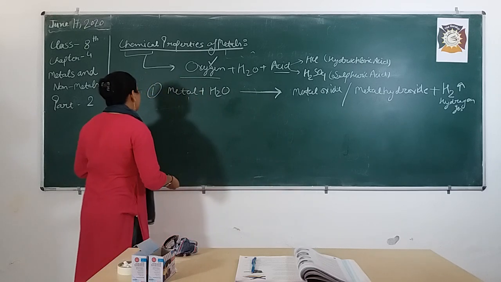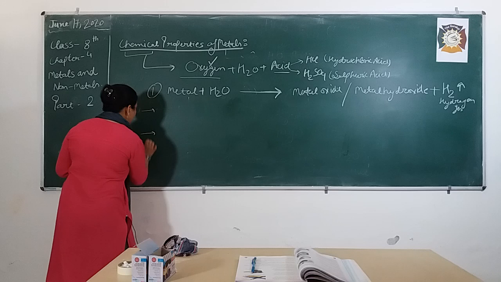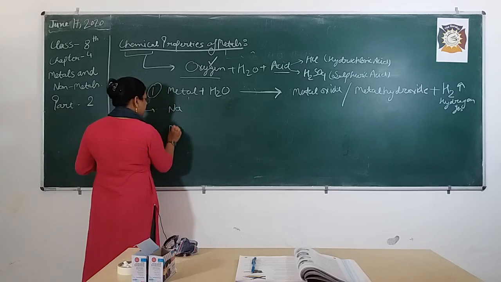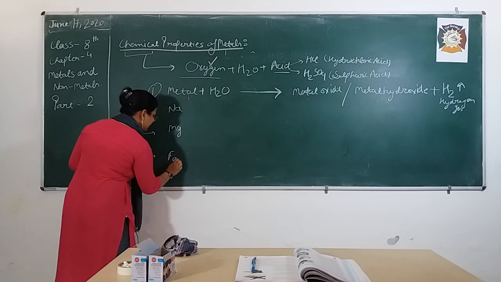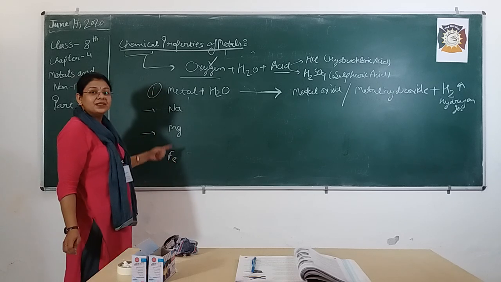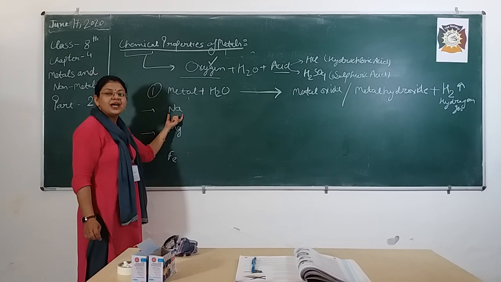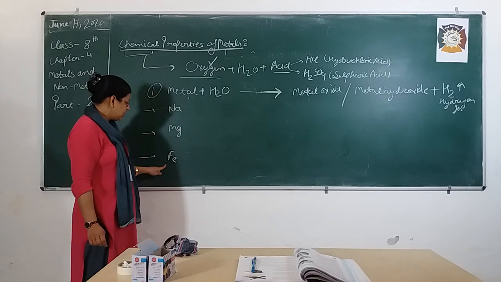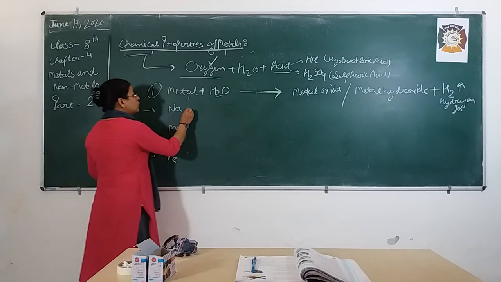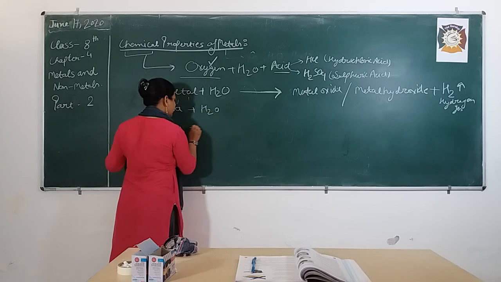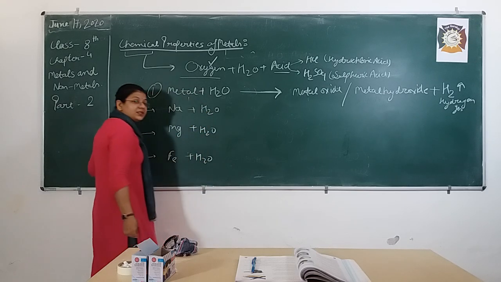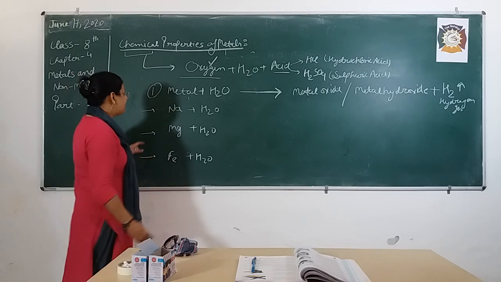Here I am also going to take 3 examples: firstly sodium, magnesium and then iron. You just have to remember the symbol for each element: Na, sodium; Mg, magnesium; Fe, iron. So when they react with water, it depends on the reactivity of these metals.